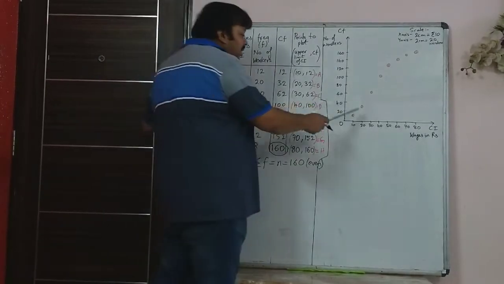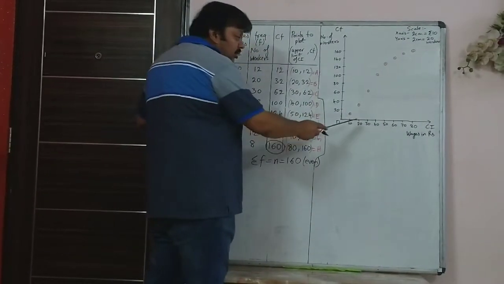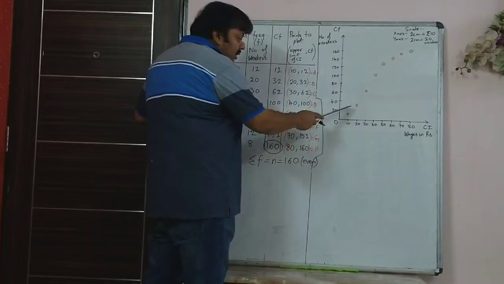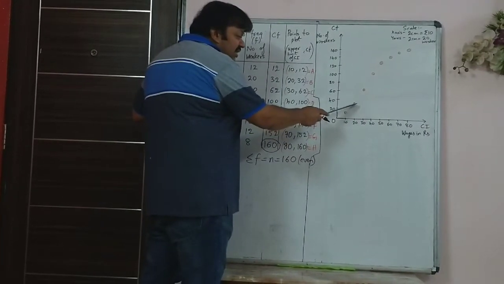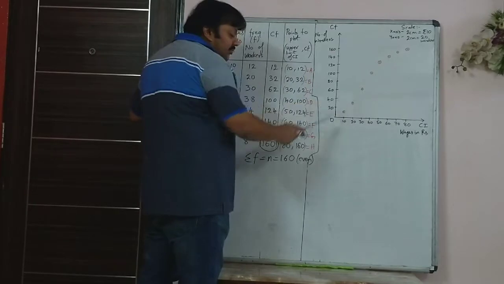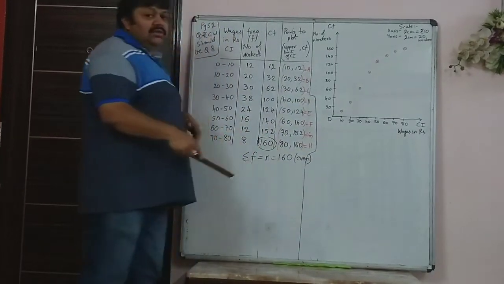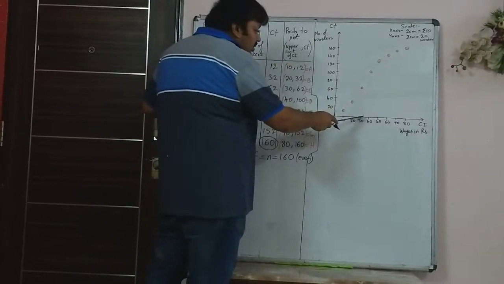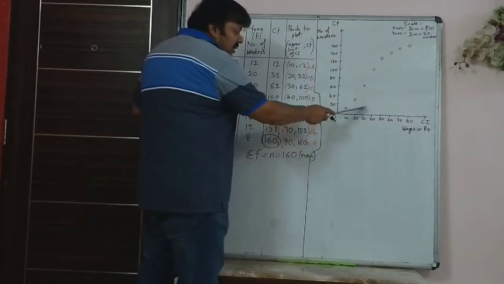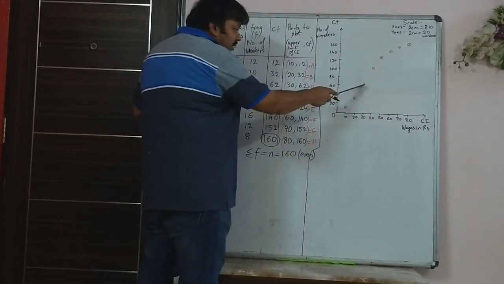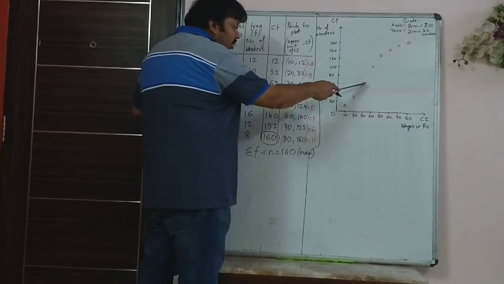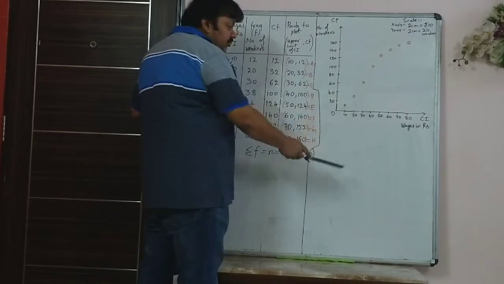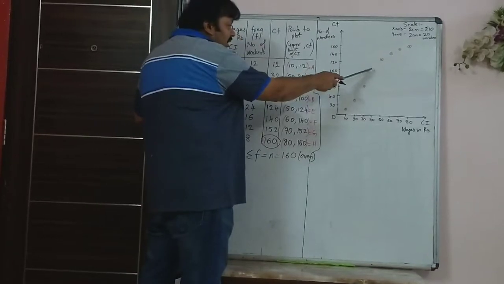Then 20, 32. 20, 32 will be 6 lines above 20. Then 30, 62. 30 is easy: 60 and one small line above 60 is 62. Then 40 with 100, an exact point.